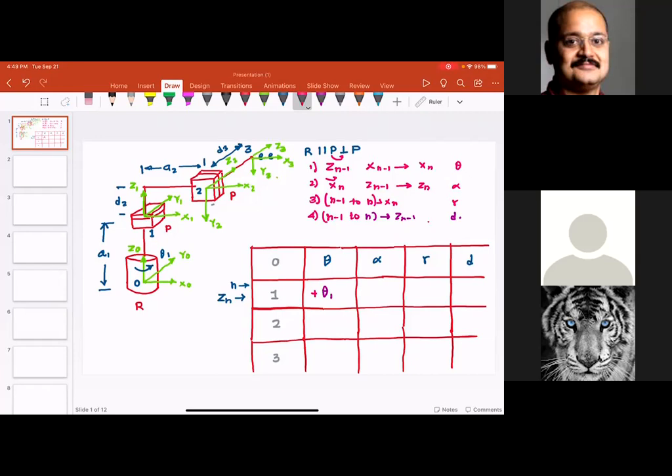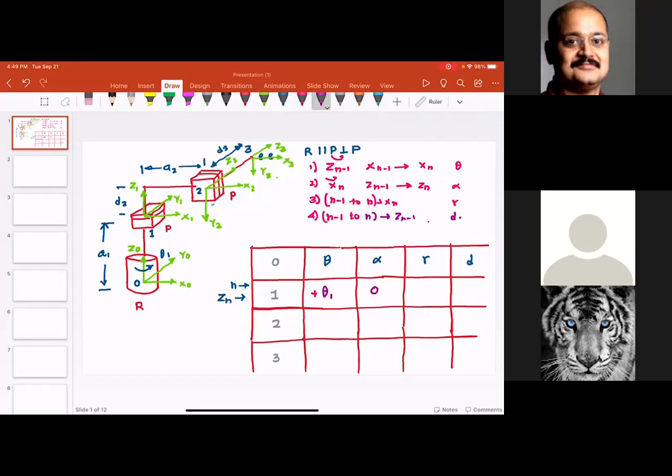Okay, then alpha, and please note alpha is about xn, which is x1: rotation about x1 so that z0 gets aligned with z1. It is always aligned, so this value is 0.